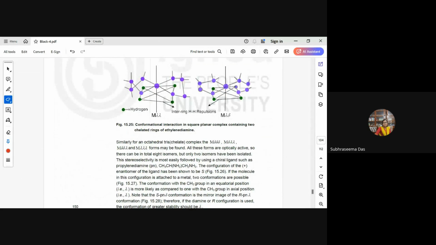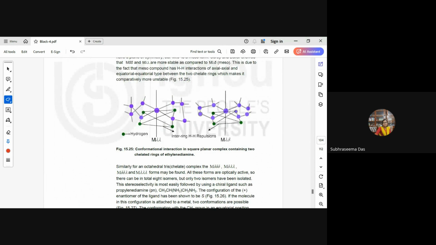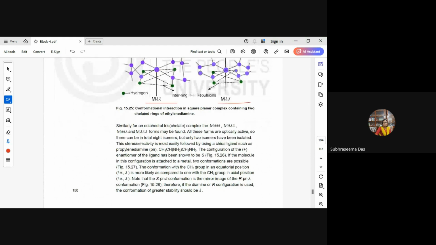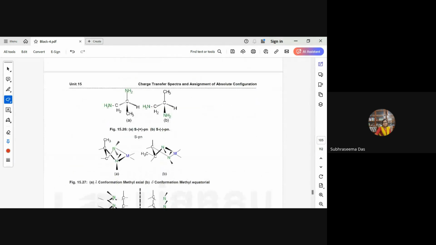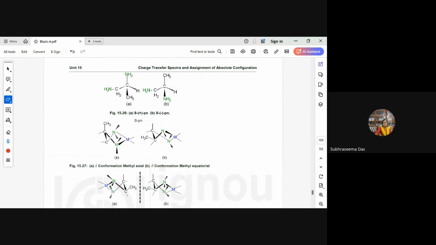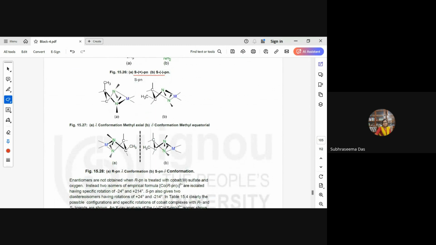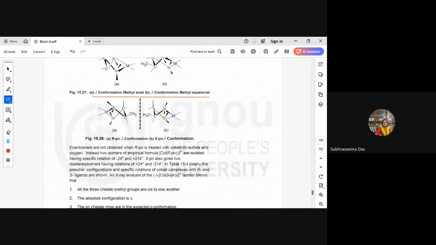When we talk of figure 15.25, this is for interaction in square planar complexes where more than one chelate ring is present, and they are called M lambda lambda, M lambda delta, depending on their stability. Now in figure 15.26, the S and minus notations have been indicated, and in 15.27 the delta and lambda conformations have been represented.